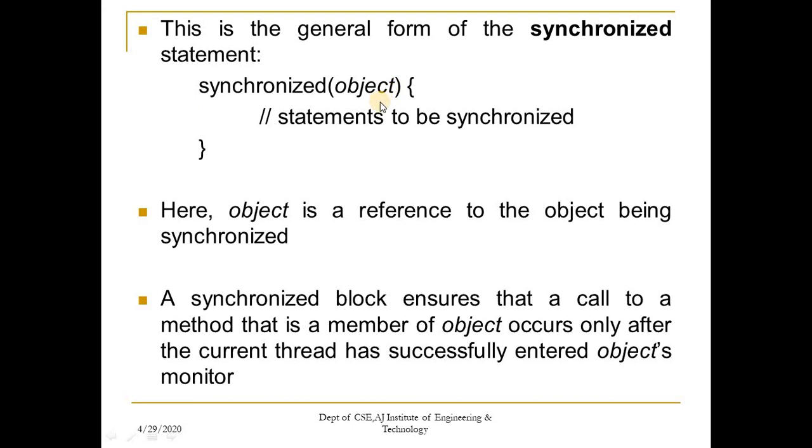That is, only one thread can call that method on this particular object at a time. On the same object, only one thread can call that method at a given time.